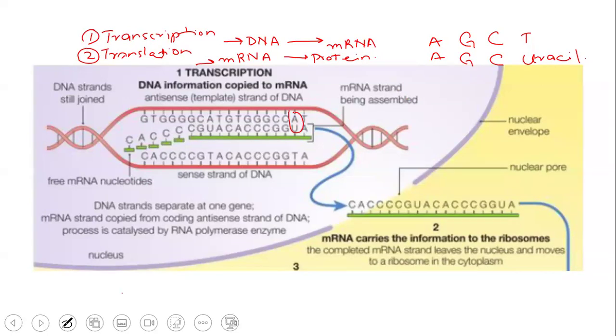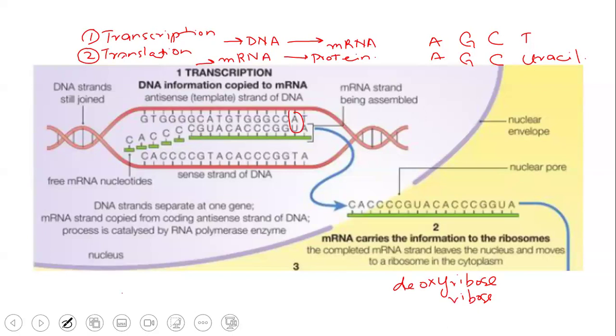Another difference is that DNA is made up of deoxyribose sugar, which has less oxygen, while RNA is made up of the normal ribose sugar.